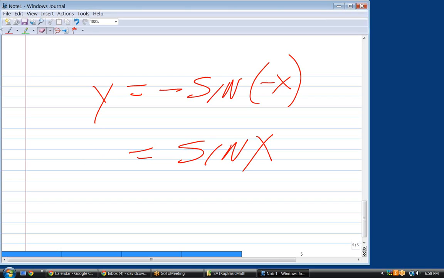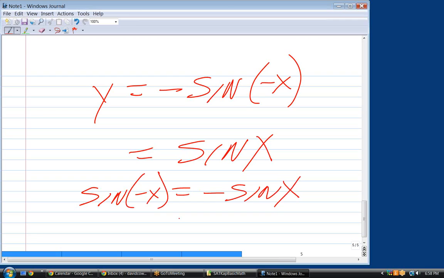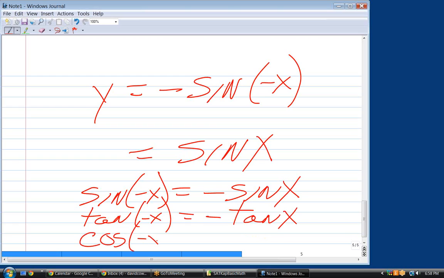But the key thing to know is this. The sine of negative x is equal to negative sine x, as well as the tangent of negative x. And of course, each of their reciprocals is the same odd or even feature. But the one that's even is cosine of negative x.